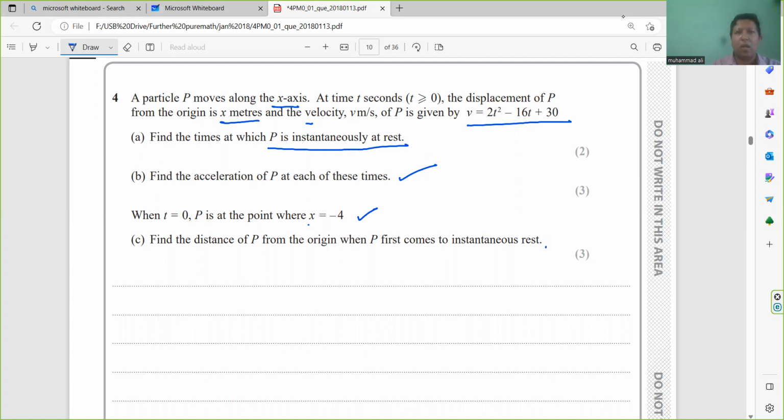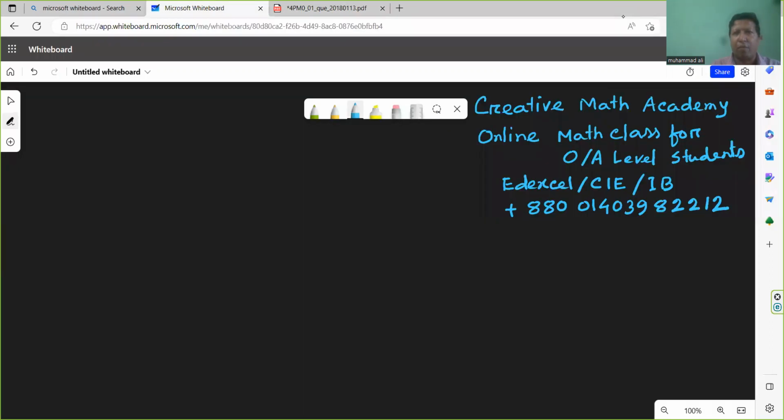Okay. Before starting this maths, we have to show you some formulas. If velocity is given and you want to find acceleration, we have to differentiate velocity with respect to time, then we will get acceleration.